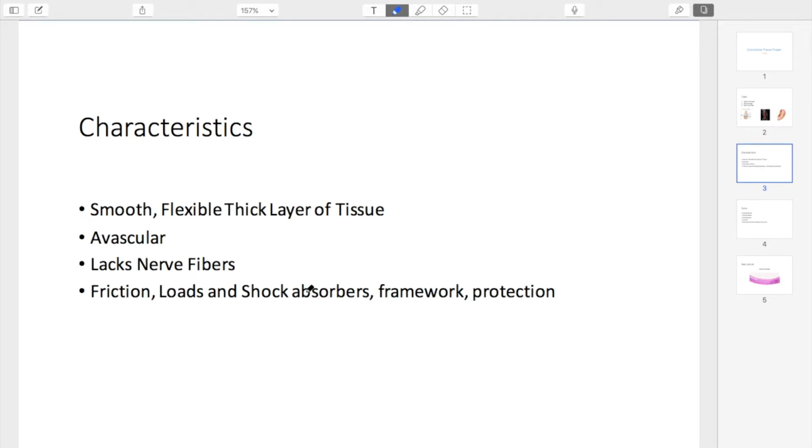As I mentioned in the previous lecture, GAGs are glycosaminoglycans. They are a viscous, gel-like structure, highly hydrated, and they promote the diffusion of small molecules through connective tissue.